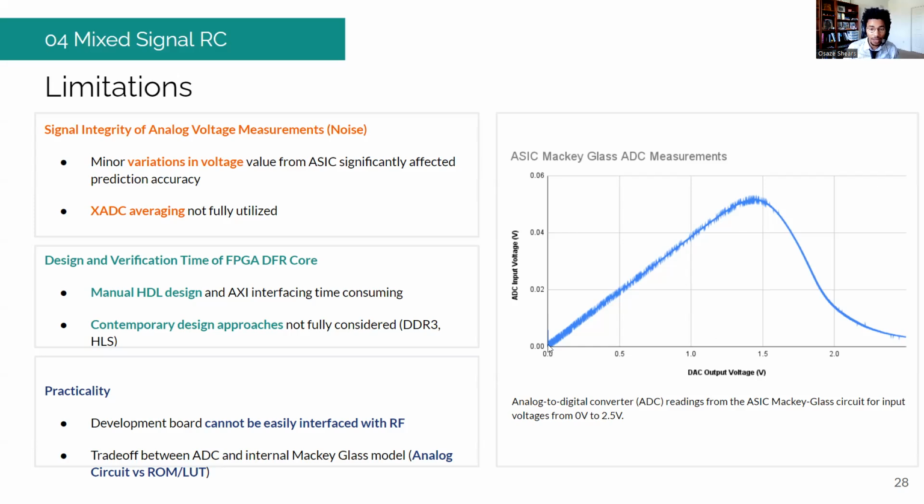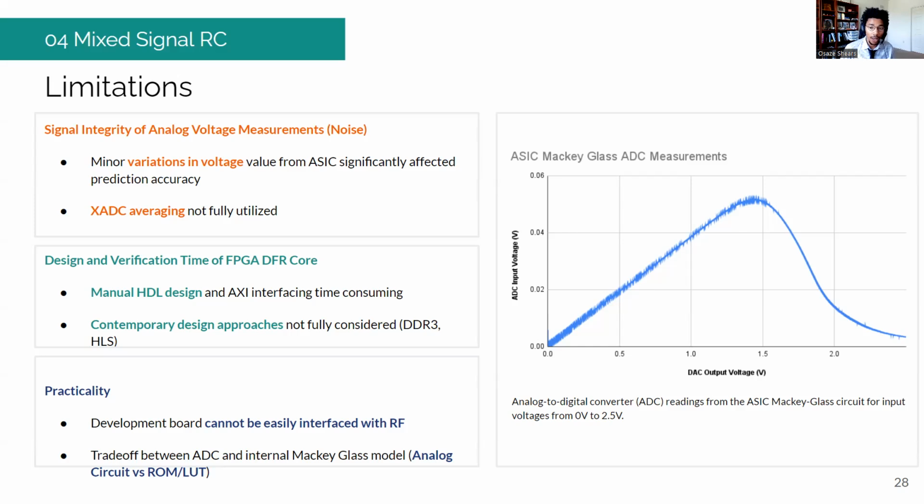So this is actually the ASIC, and the actual function that it's modeling is called the Mackey-Glass function. You can kind of see in general the characteristics of the curve are represented, but there's a pretty decent amount of noise when we're actually attempting to read individual data points back. So it's not a very continuous line; it's a very noisy line up until we get to 1.5, and the transformation starts decreasing, right?